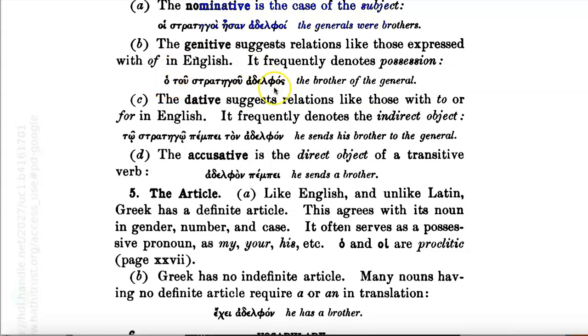Now, o adelphos by itself means the brother. But squished in between the and brother, we have the genitive, tu stratigou, the of the general brother. We would say it like this, the brother of the general. So the genitive, tu stratigou, we translate with an of.